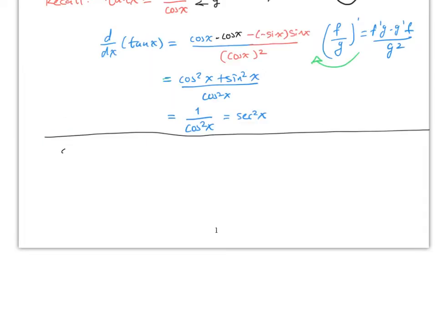Let's say you want to find the derivative with respect to x of secant. Remember, secant is the same thing as 1 over cosine.